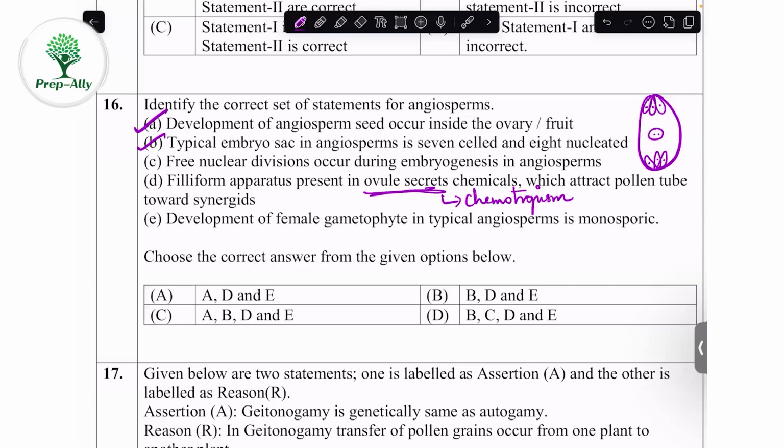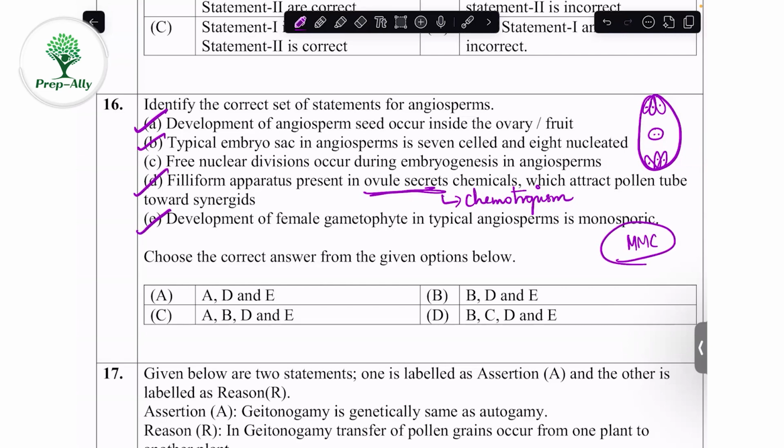The megaspore mother cell in the ovule undergoes meiosis, and the embryo sac develops from the single functional megaspore. Only one spore is involved, from the megaspore mother cell, which is a single cell. Mono means single, one. So from the single cell, the female gametophyte is developed. Got it?